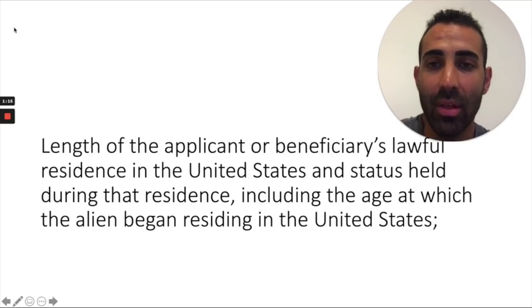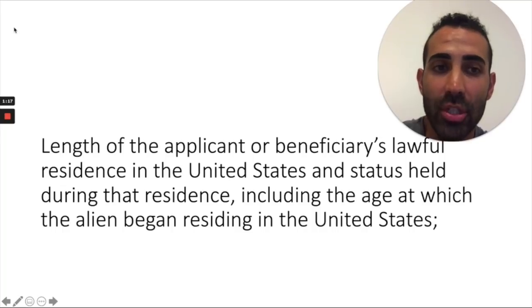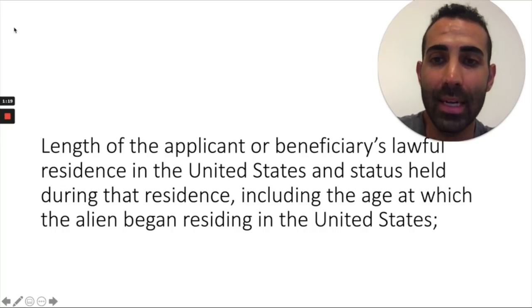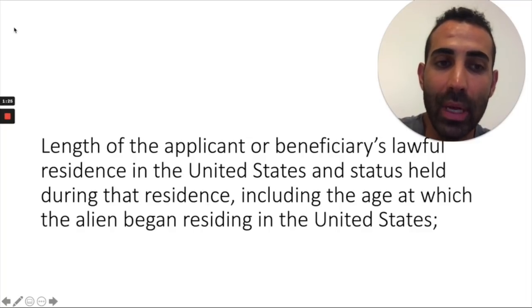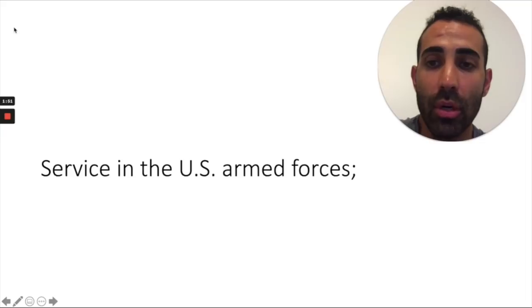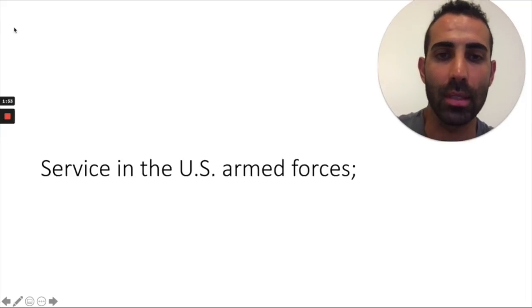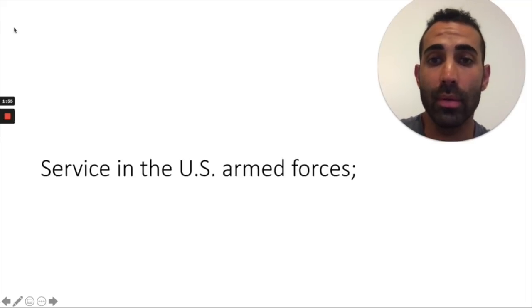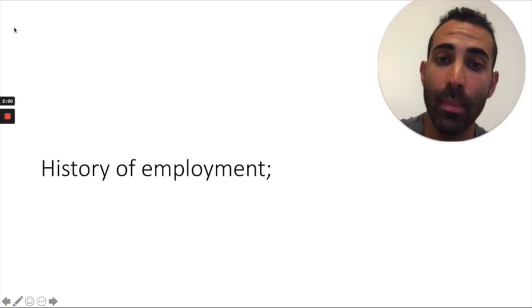The length of the applicant or beneficiary's lawful residence in the United States and status held during that residence, including the age at which the alien began residing in the United States. Next, we have service in the U.S. Armed Forces. So they would look at whether someone has military service in the U.S. Somebody's history of employment.